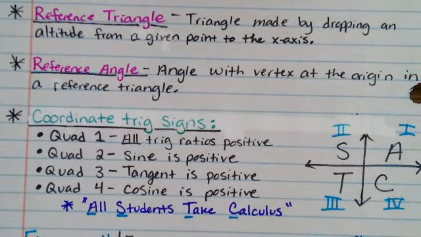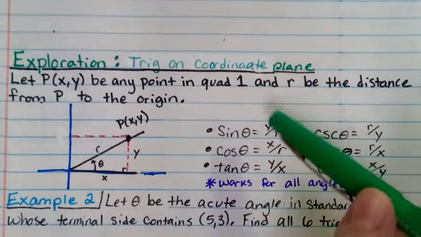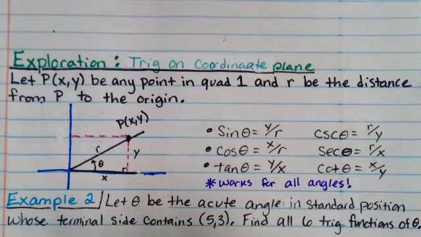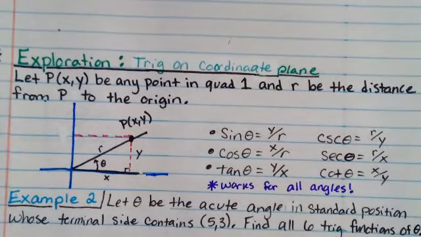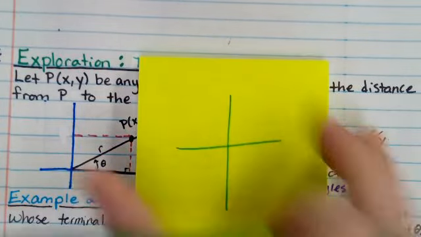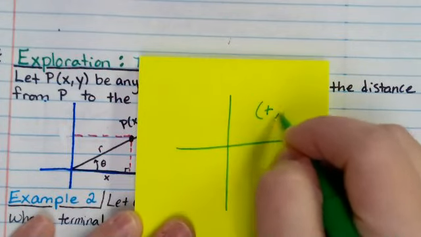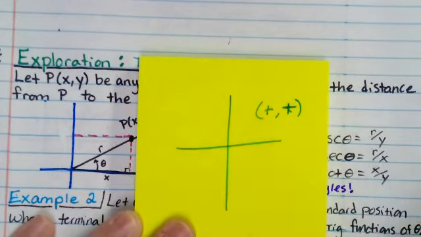Let's also talk about what we have going on with our trig signs. I want to remind you of the relationships we talked about in the last video: sine is y over r, cosine is x over r, tangent is y over x. Well, in a quadrant, I need you to think about what is positive and what is negative. If you look at your xy axis, over here my x is positive and my y is also positive.